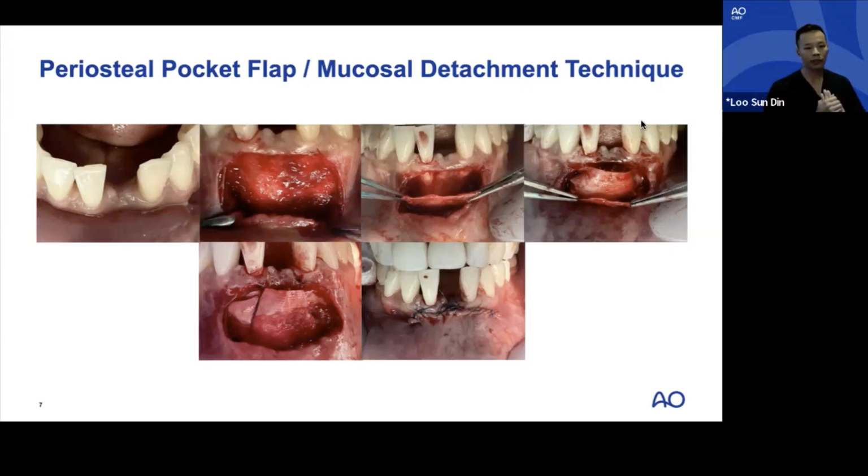Primary closure. The great thing about this is because of the high autogenous bone graft ratio, you can actually place implants roughly 4 months later. It is equally technique sensitive. However, it requires fewer specialized instruments.